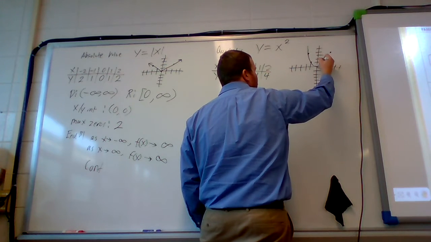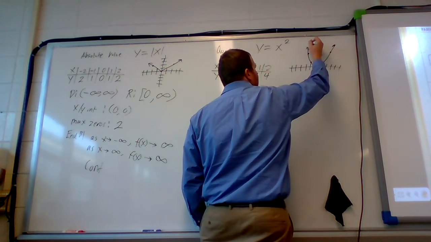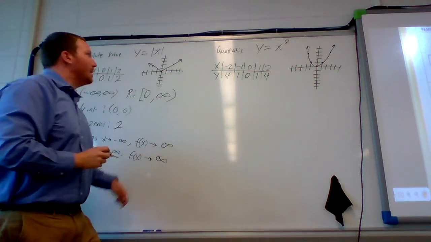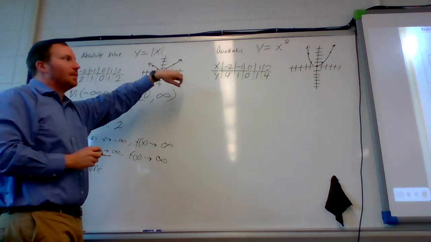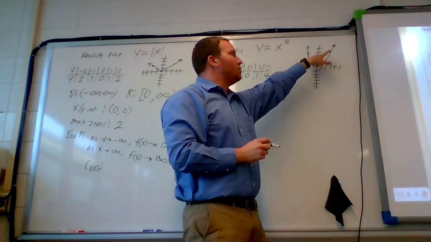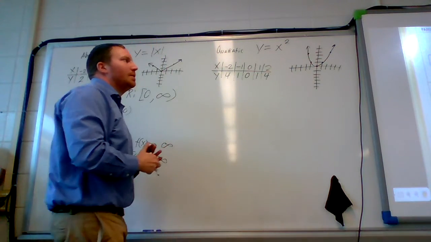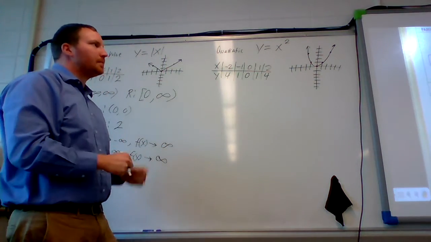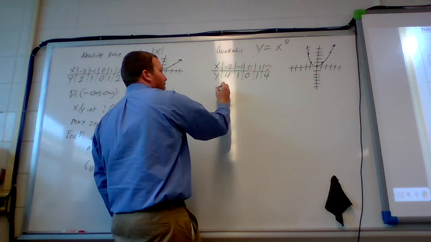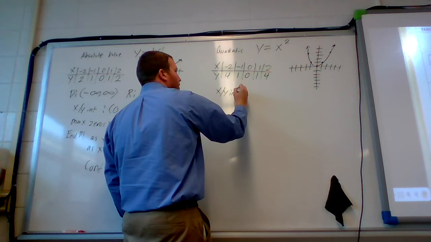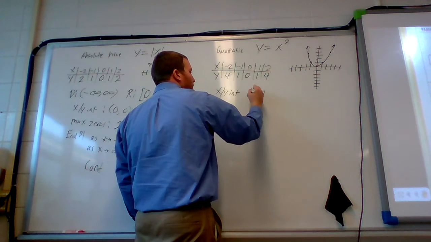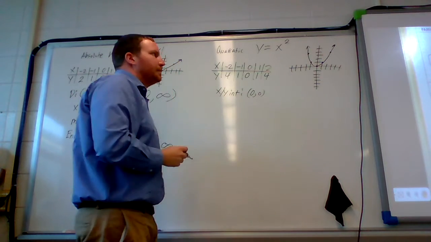Notice though, on this one, we don't come down to a point like we did on our absolute value. We have that rounded U shape. So that is our parabola shape. Again, x and y intercepts. Still at 0, 0.